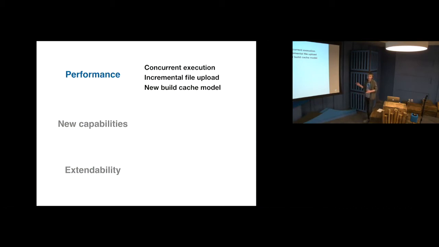Another part of performance is what happens when you repeatedly run the builder as part of your developer flow. Even if you get things like build cache, what we still need to do as a first step is make an archive of all of your local files and send it to the daemon.